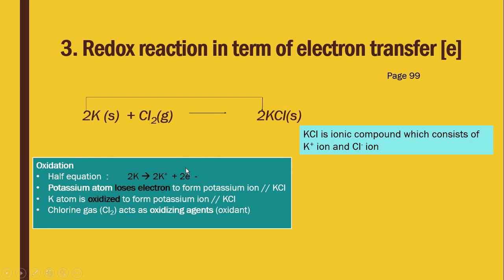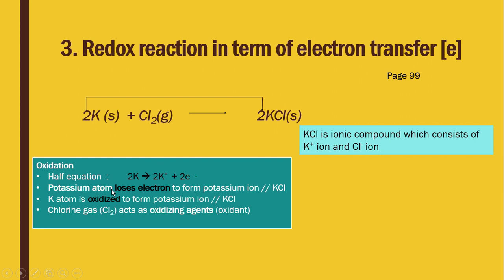Why 2 electrons? Because we have learned that oxidation is a process where the atom loses its electron. So it donates its electrons, or loses its electrons. Potassium atom donates its electrons to form potassium ion. We have learned this many times in chapter 5.